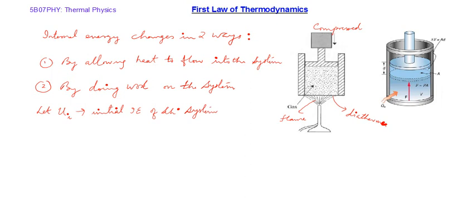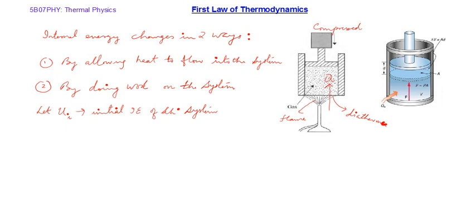Okay. Now, if the amount of heat that flows into the system be Q, let me say Q is the amount of heat that flows into the system through the diathermal wall here, then the internal energy of the gas will increase.